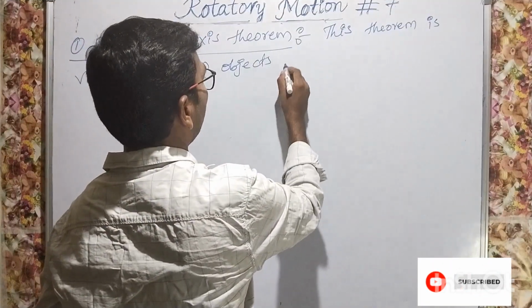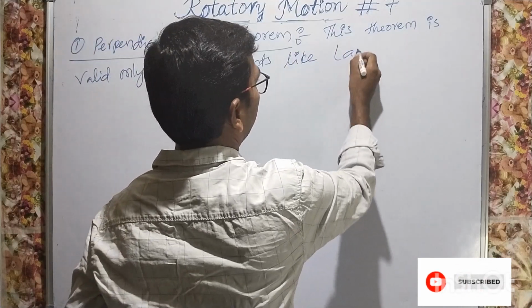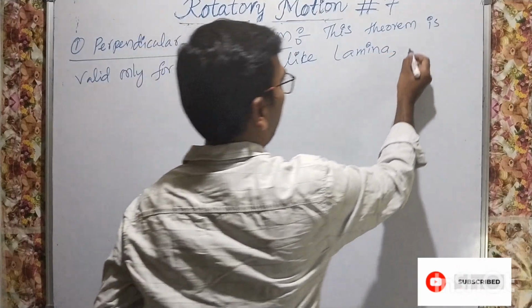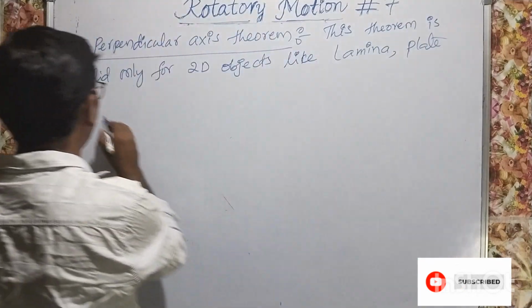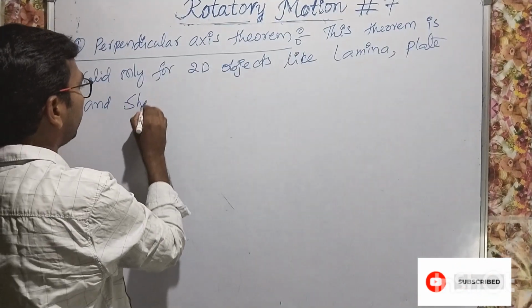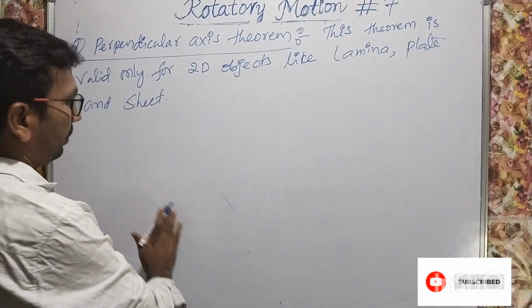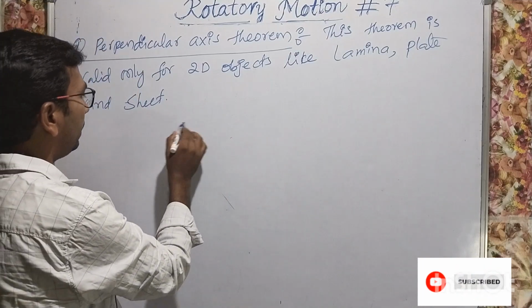Two-dimensional objects like lamina, plate, and sheet. Suppose I consider one object.